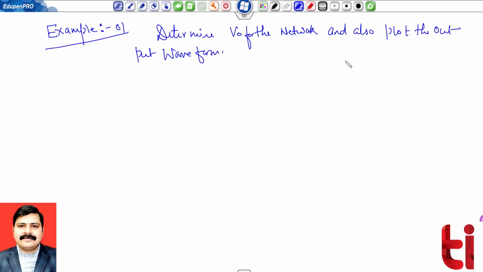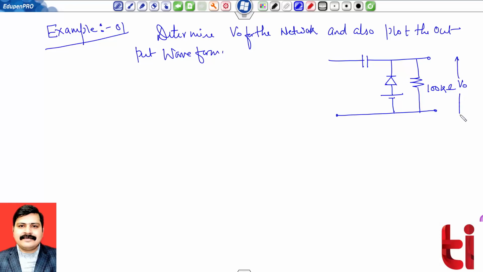The given circuit is like this. One capacitor is given, diode is given, series battery is given, value of resistance is given. It is 100 kilo ohm. We have to find output across here. This value is given as 5 volt. Value of capacitance is given as 1 microfarad, and the nature of input signal is given like this.